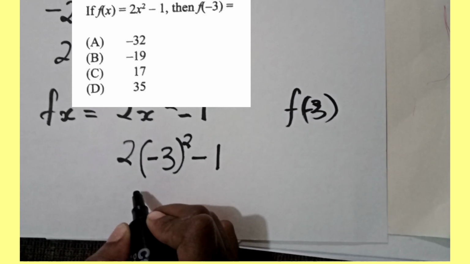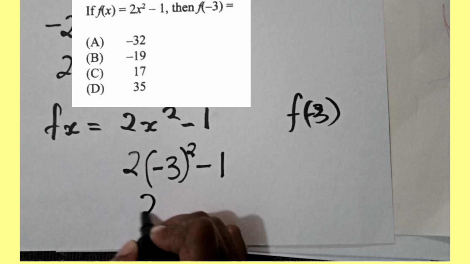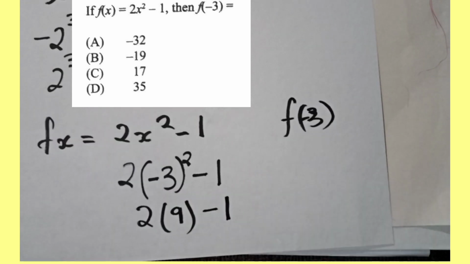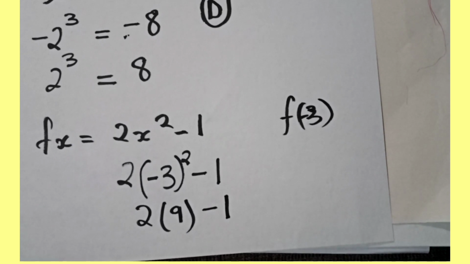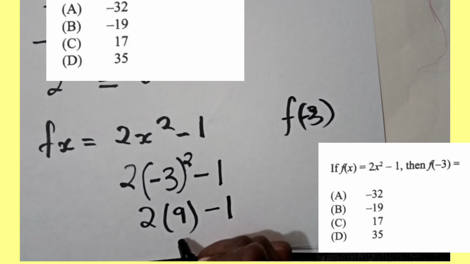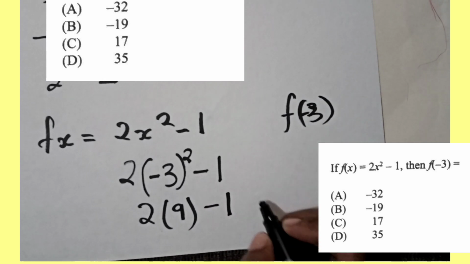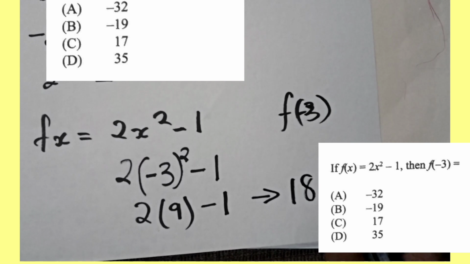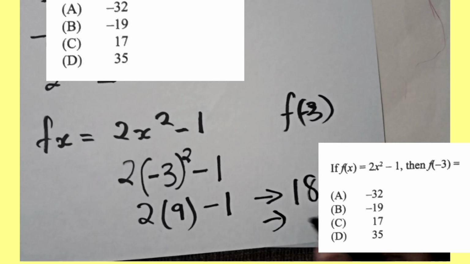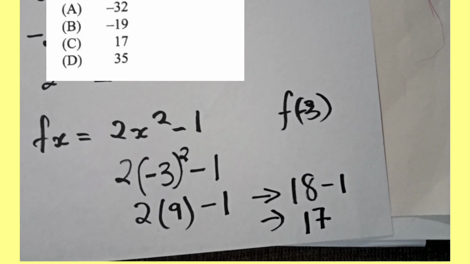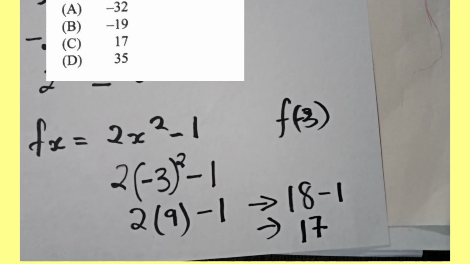So we have now 2 times 9 minus 1. And 2 nines, 18 minus 1, and that gives us 17. So answer is C.